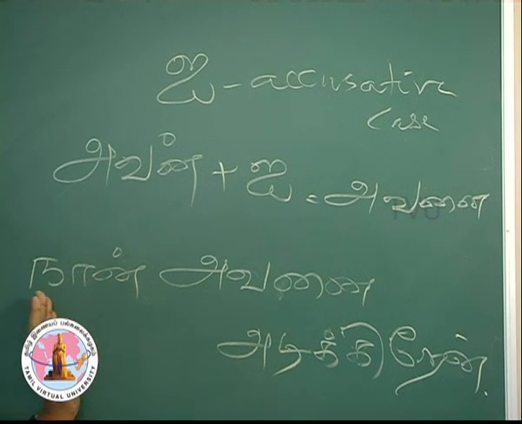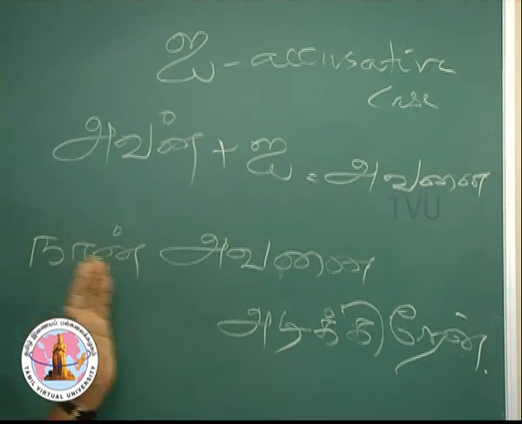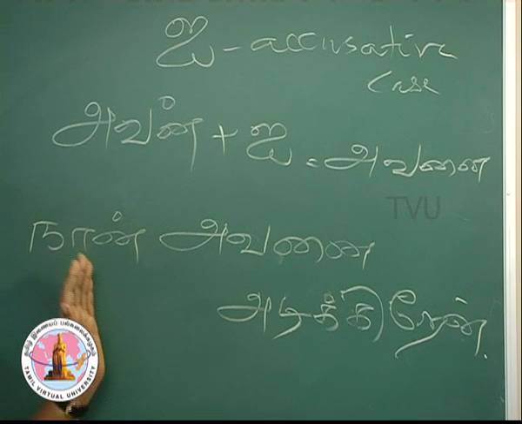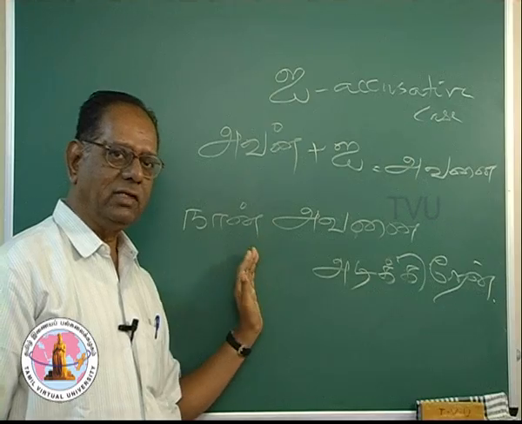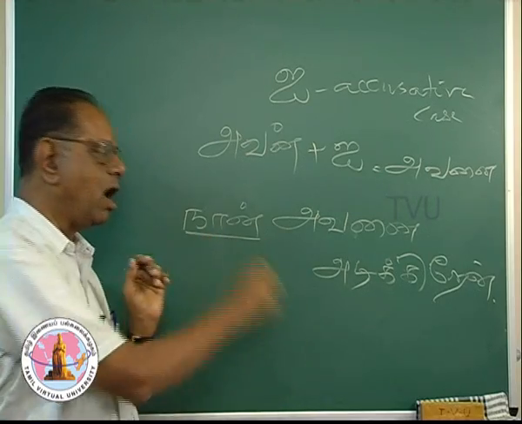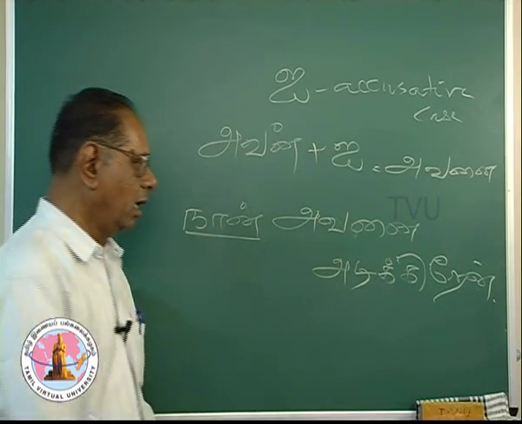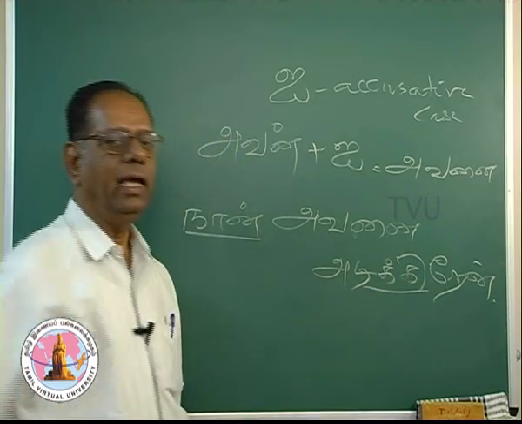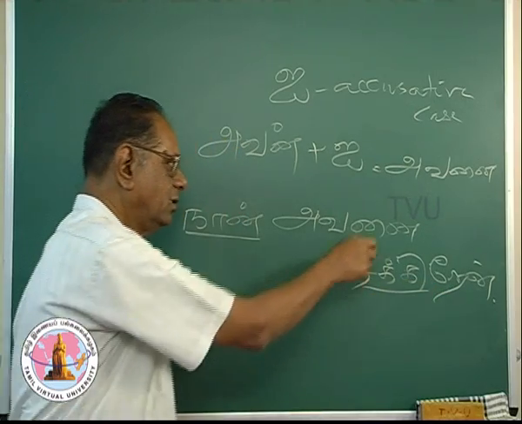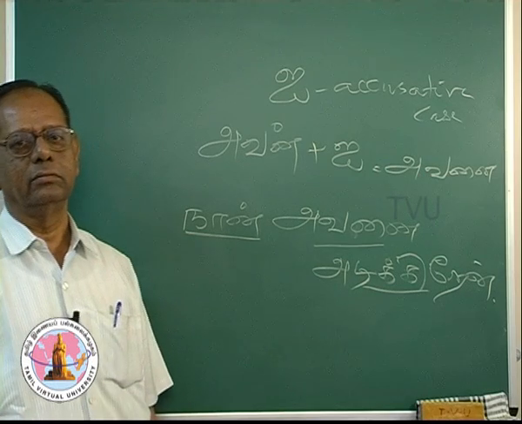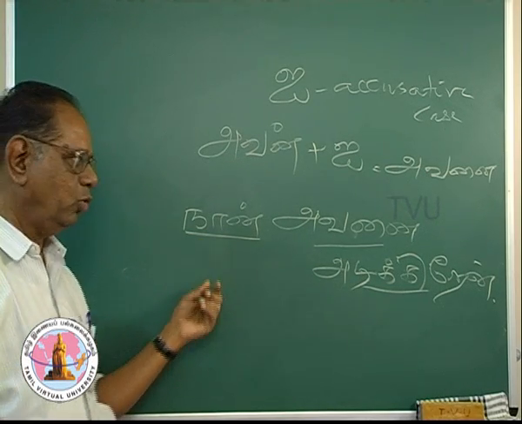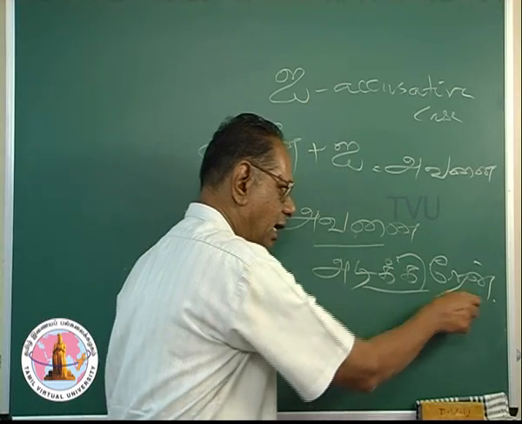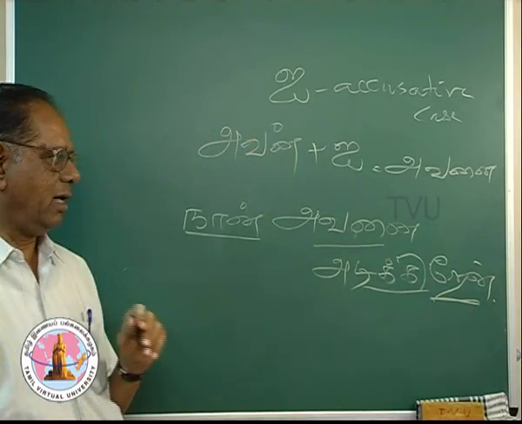Can you read this sentence? It is a complete sentence. Naan avanai adikireen. It is a perfect sentence with a subject naan and the verb adikireen and the object avanai. Naan is the subject. So, naturally, een is the person marker here.